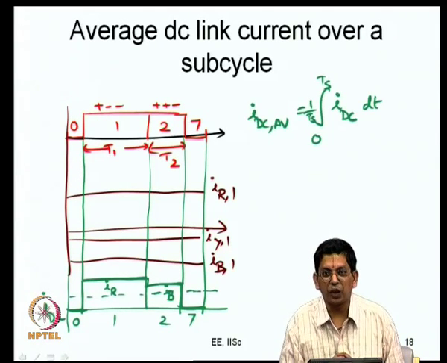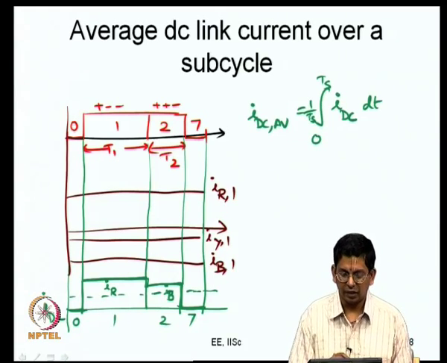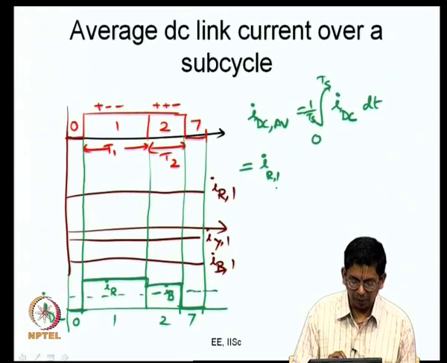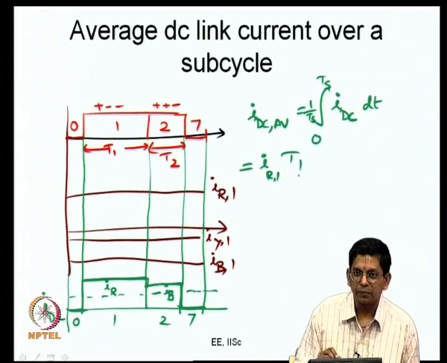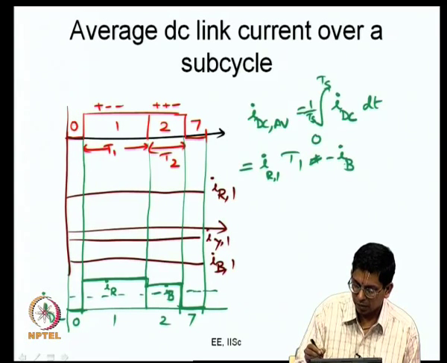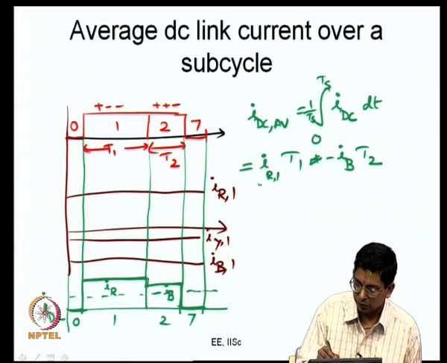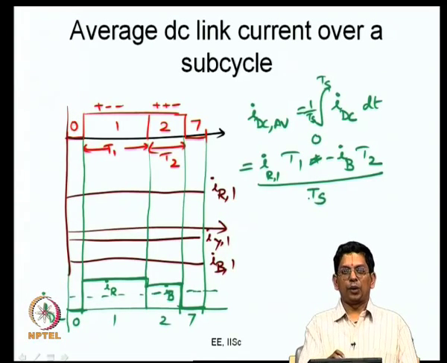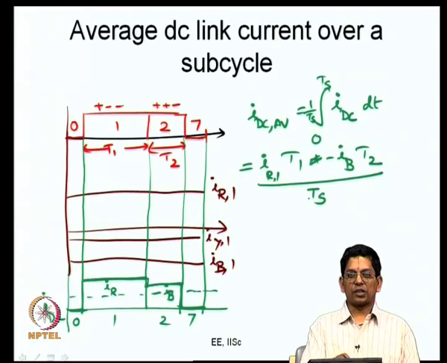It is the average value over a carrier cycle. And what is that equal to? That is equal to IR1 multiplied by T1 plus, or rather minus IB1 multiplied by T2, the whole divided by Ts. Now, this is the average DC link current.